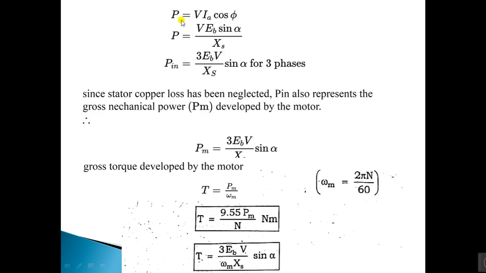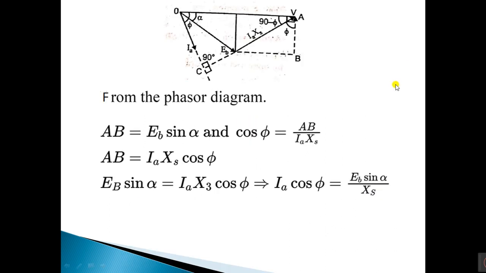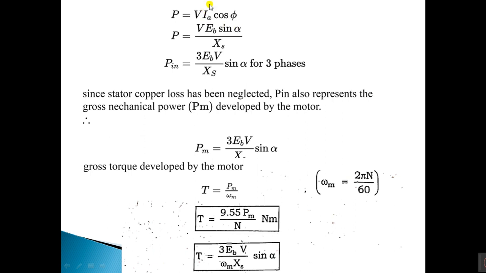We know the power equation P equals V into IA cos phi. Due to armature current we are representing IA. In general, VI cos phi. Now in the equation, instead of IA cos phi, you substitute EB sin alpha by XS here. This is for single phase winding, which we took in the beginning.